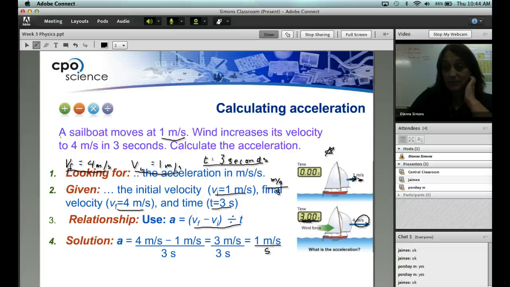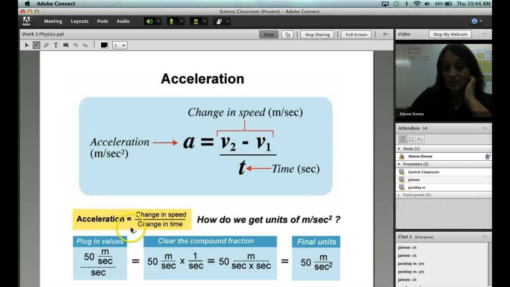Excellent, okay. So, again, this is the formula right here. Acceleration is velocity, the final velocity minus the initial divided by time. And what we're looking at is the change in speed over the change in time. And then how do we get these units?